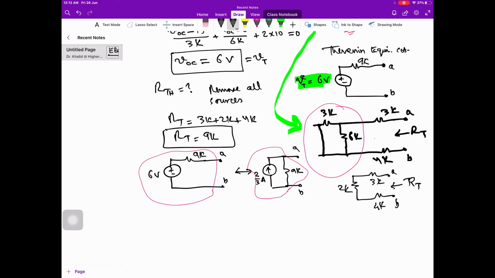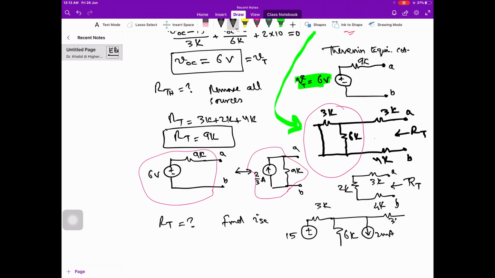The other method to find RT, the second method, is to first find I short circuit. I short circuit means, in the circuit when everything is intact, I short circuit.